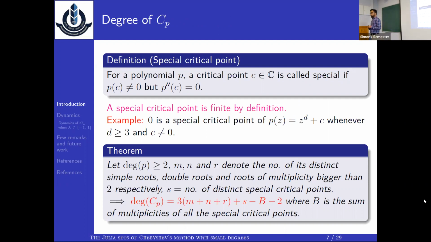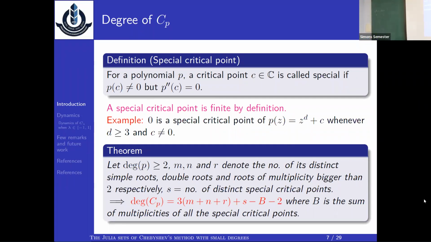For a polynomial P, a finite critical point is said to be special if it is an inflection point, meaning the second derivative vanishes, but it is not a root of P. For example, if you consider the unicritical polynomial of degree at least 3, meaning z to the power d plus c, where d is greater or equal to 3, then 0 is a critical point as well as an inflection point, but it is not a root of P. So this is a special critical point.